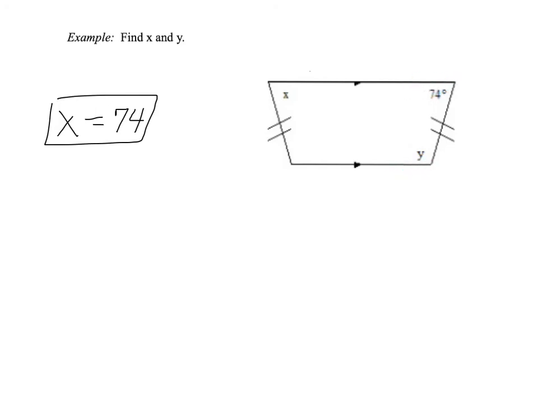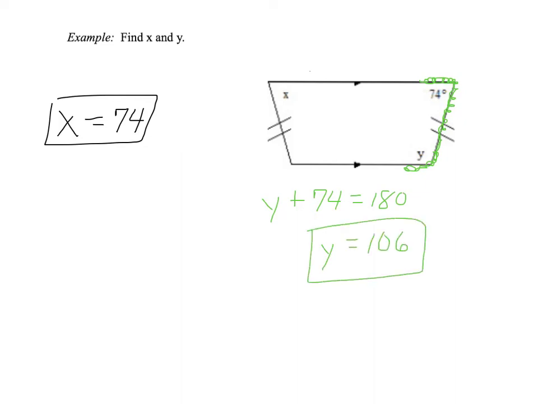So if your bases are parallel, you're actually dealing with the same side C's, those consecutive interior angles. And we knew from before that consecutive interior angles, or same side C's, are supplementary. So y plus 74 would end up equaling 180, meaning y would be 106 degrees.